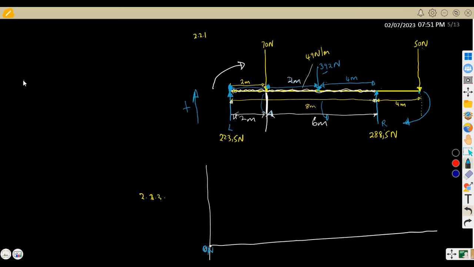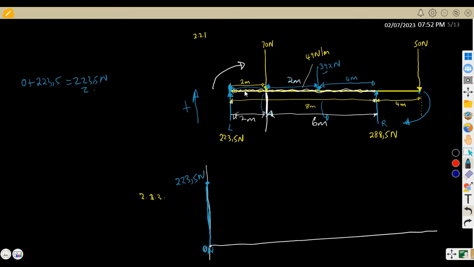You add, because it's a support. So it's 0 plus 223.5, which is the same 223.5. So this is going up to 223.5 according to your scale. So maybe this is where you have your 223.5, we are going up. So we indicate here 223.5 Newton. All right, so now we are at this point, guys. It's actually going up, so you can indicate this one was going up to this point.